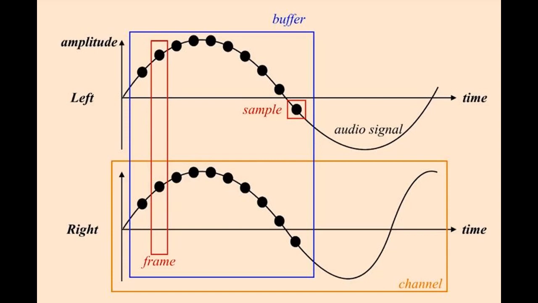In stereo audio, we have a left and right channel. Each channel is sampled separately, and here is a term which is sometimes used incorrectly. A frame is the collection of samples in all the channels at a point in time. So for stereo, a frame consists of 2 samples.